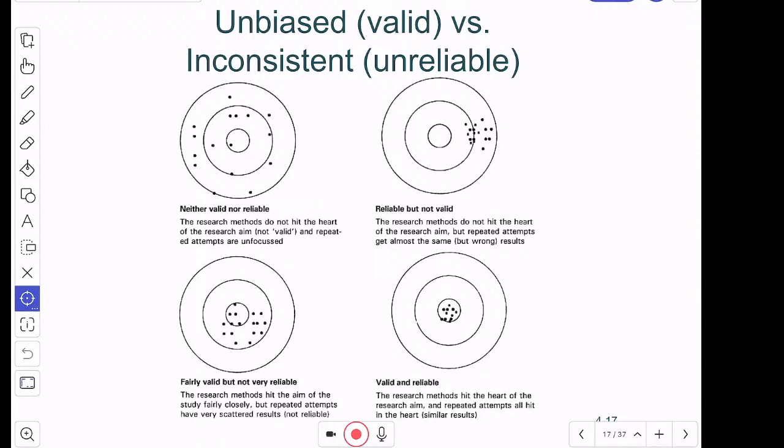Unbiased refers to how valid, how close to the target an estimate is. So if this is your real estimate in here, the target, now both these results here, the data would be valid and reliable. It's hitting the target and hitting right within the target.